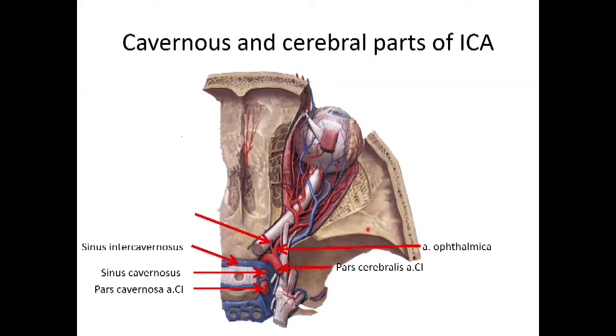And from Arteria ophthalmica, we can find a very small vessel, really small, much less than 1 millimeter. It's Arteria centralis retinae. It enters the optic nerve and passes inside of the optic nerve into the retina of the eyeball.